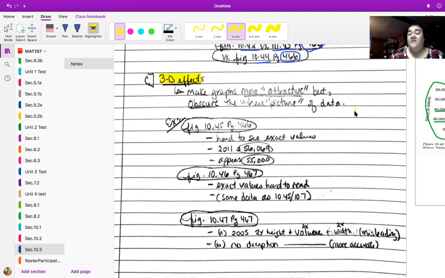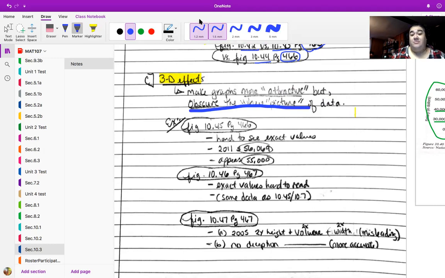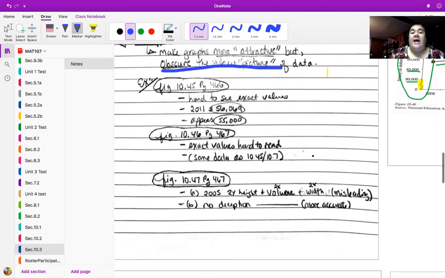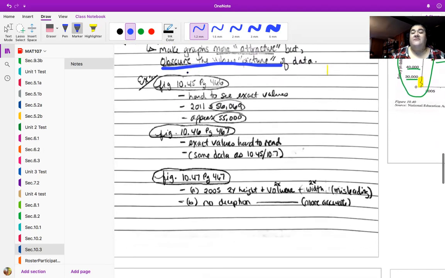However, if you're not careful how you employ that 3D effect, it can actually obscure the true picture of the data that's being presented. So, for example, we're going to look here at these three graphs, 10.45, 10.46, and 10.47. And here are the things that you should note are obscured or difficult to visualize because of the 3D effect that was placed into them.